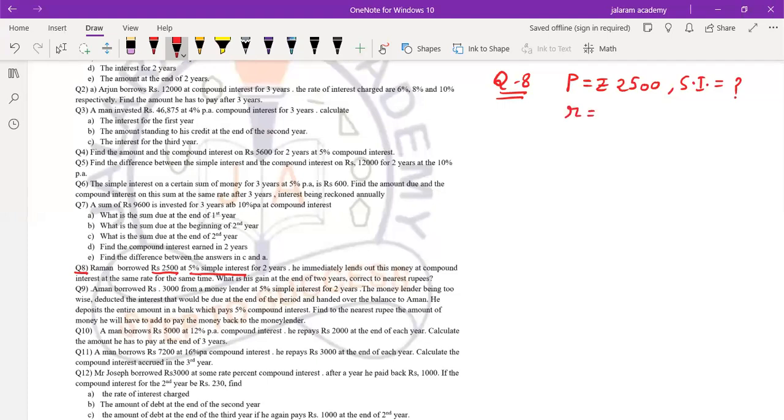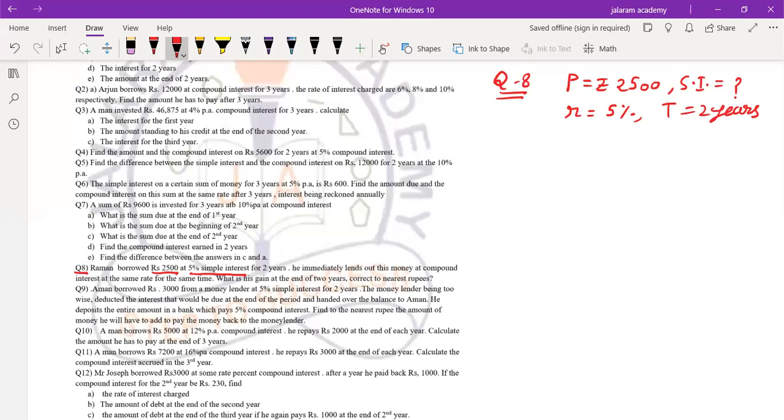Rate of interest is given, 5% for 2 years. Time is 2 years. He immediately lends out this money at compound interest at the same rate for the same time. Okay. So what is the gain at the end of 2 years? Correct to the nearest rupee.